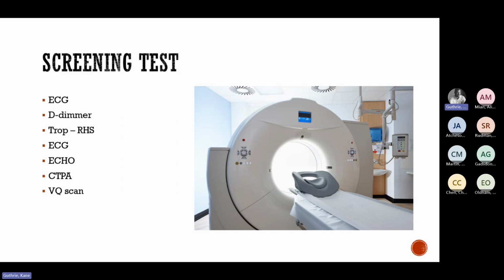The higher the level, the more infarction they have got in that right ventricle. So if we do a troponin, it's not a non-STEMI or something else that's causing it, it's the big PE that's causing ischemia to the heart and mainly to the right ventricle. Echo can tell us a lot at the bedside, CTPA and VQ scan as well.